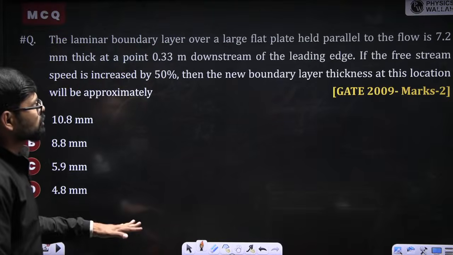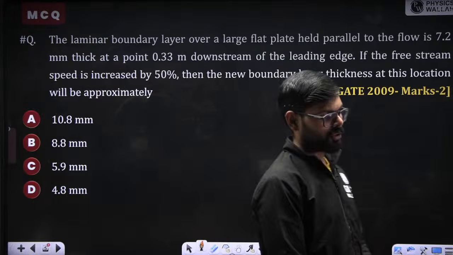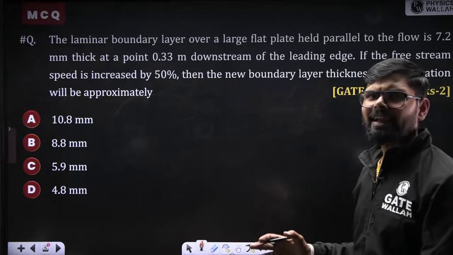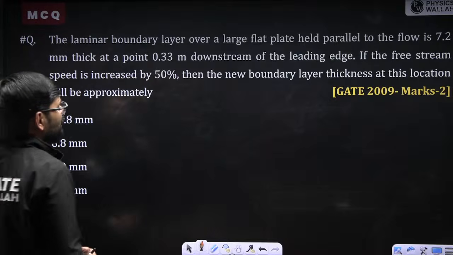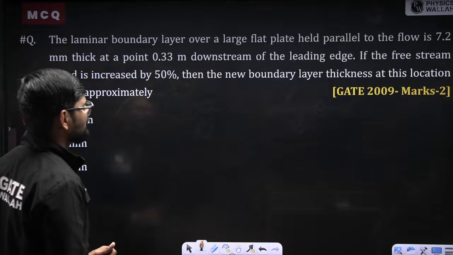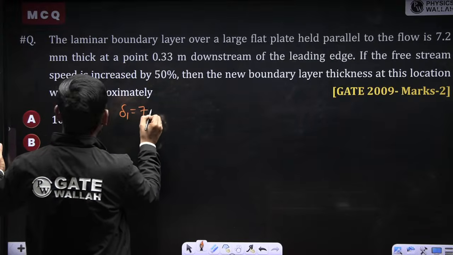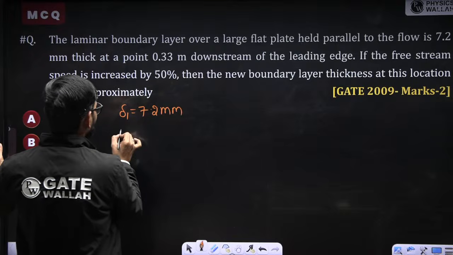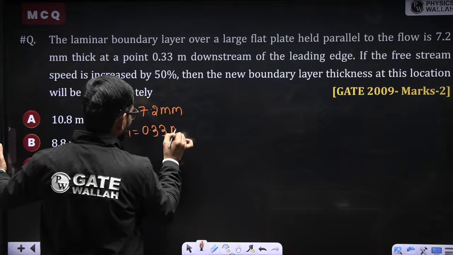Now this problem was also asked for 2 marks in 2009. Very simple problem. Even a similar kind of problem we have already solved. So here, for a laminar boundary layer on a large plate parallel to the flow, two things are given. Delta 1 is 7.2 mm at x1 equal to 0.33 meter.